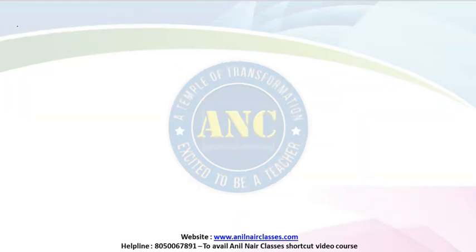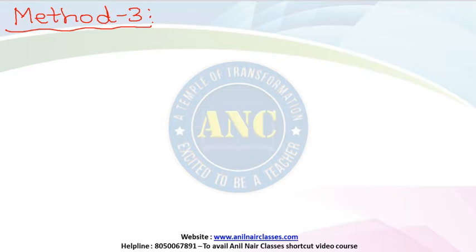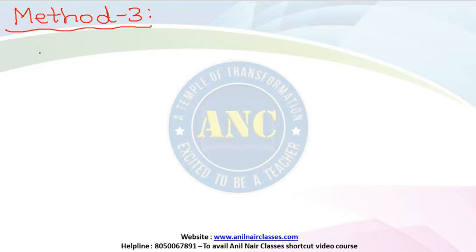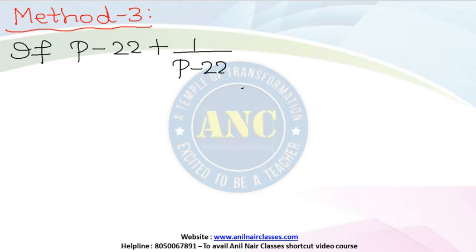But if you are super confident about whatever I have taught you till now, I have already taught you one beautiful method in my previous classes, saying that if p minus 22 plus 1 divided by p minus 22 is something of the form root k.